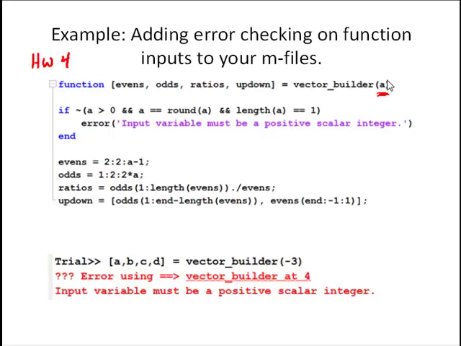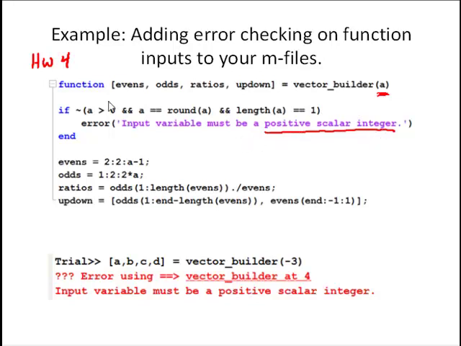And part of that homework problem was that the scalar input was supposed to be a positive scalar integer. So here I've presented the solution to that problem again, but what I've added is a logical test to make sure that the input variable is a positive scalar integer.